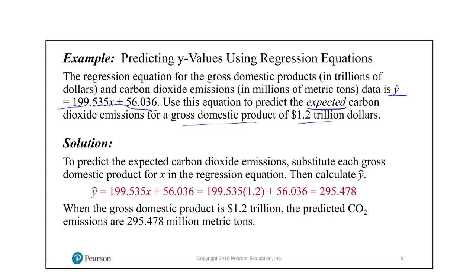All we're going to do is substitute this in as x, and that's going to give us a y hat. So there's the y hat we're calculating, there's the m, and this is the x we're going to put in, there's the b. So in for x goes 1.2, and we get this. So there is the predicted emissions if you had a gross domestic product of 1.2.